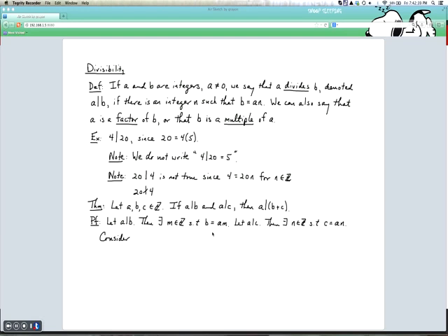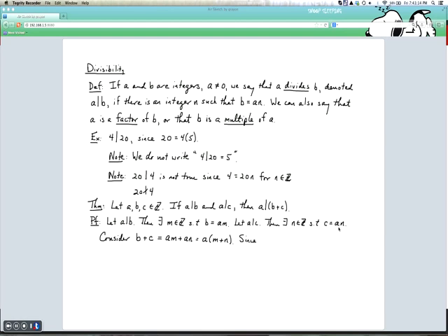So consider B plus C, which is, and this is just direct substitution, B is this, C is this, and I can certainly factor out an A there. And we certainly should believe that M plus N is an integer.